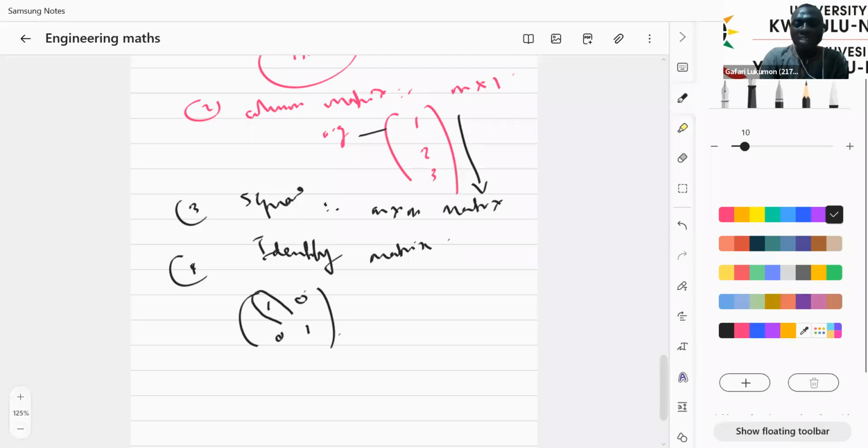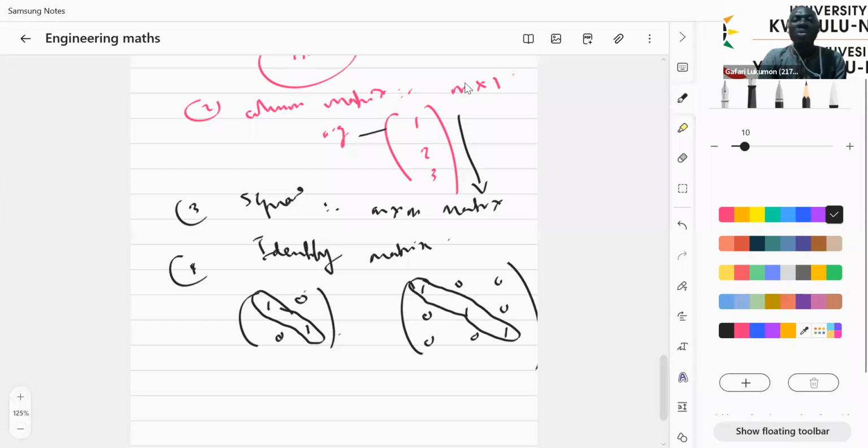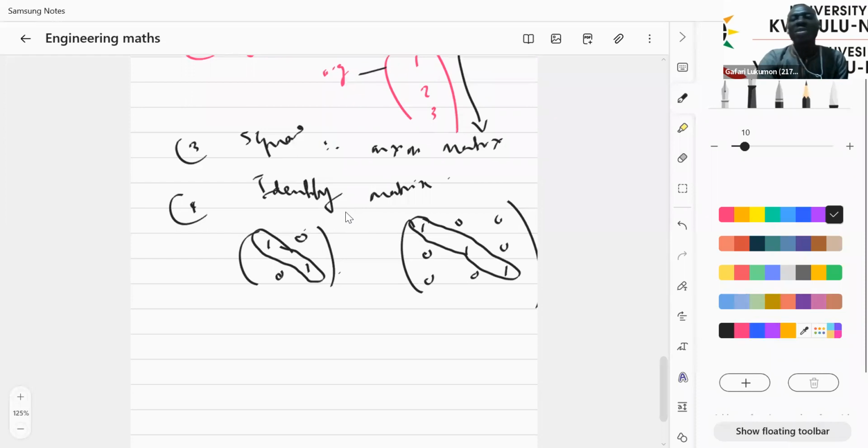So they are 0 except those along the leading diagonal here. Likewise, when I have a 3 by 3 identity matrix, that's 1, 0, 0, 0, 1, 0, 0, 0, 1. You will see that all the elements here are also 0, except those along the leading diagonal like this. So if that is cleared, we know the identity matrix and what a square matrix means. Let me quickly rush to the operations of matrices so that before we start, you understand what it means.